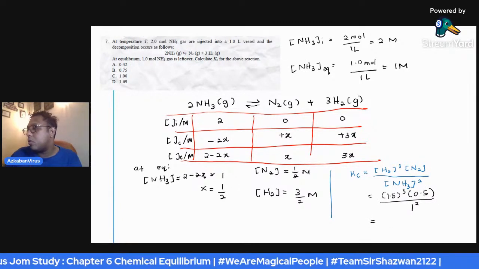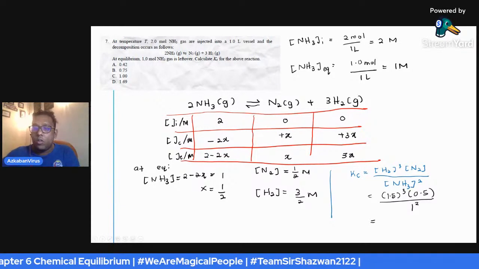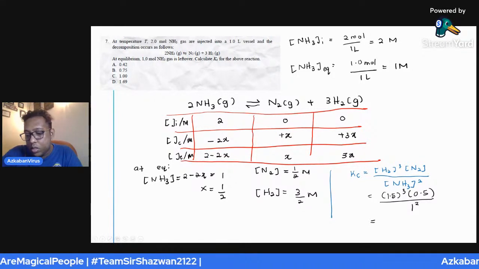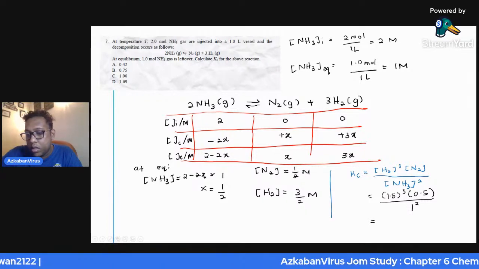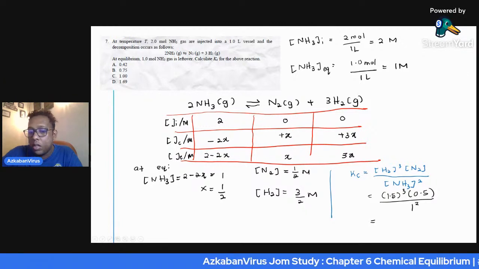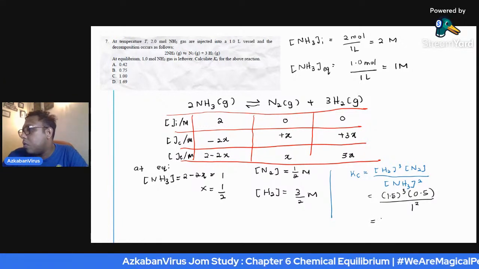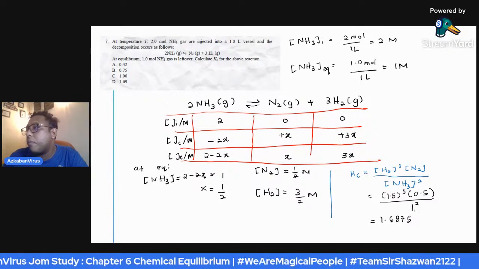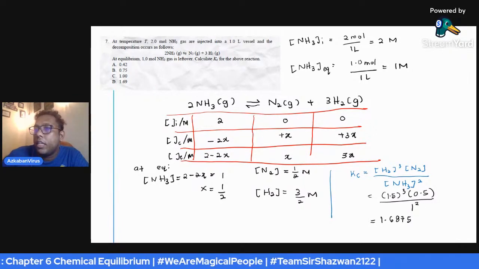This is equal to 1.6875. So jawapan dia adalah D.